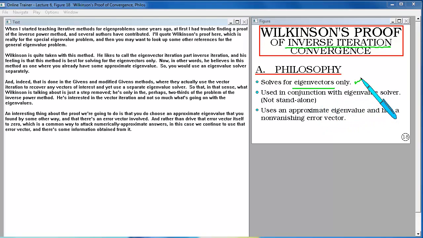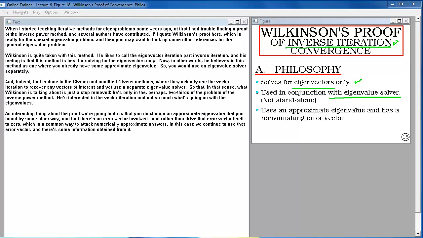In other words, he believes in this method as one where you already have some approximate eigenvalues. So you would use an eigenvalue solver separately. And indeed that is done in the Gibbons and modified Gibbons methods, where they actually use the vector iteration to recover any vectors of interest and yet use a separate eigenvalue solver.